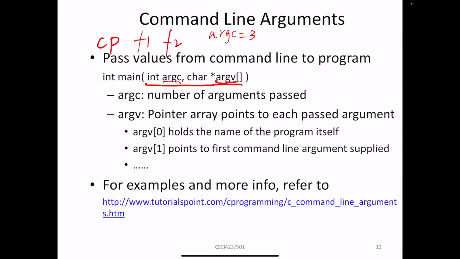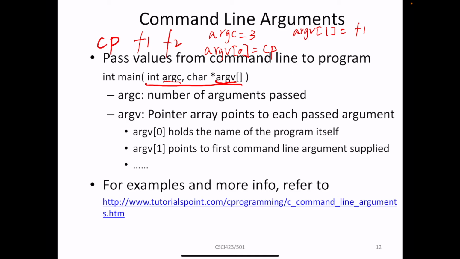And the first argument, argv[0], will be equal to the program name, which is cp. And the second argument, argv[1], will be equal to the first file name, f1.